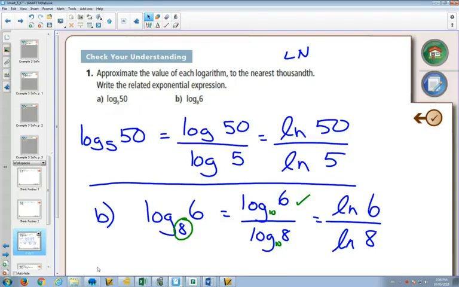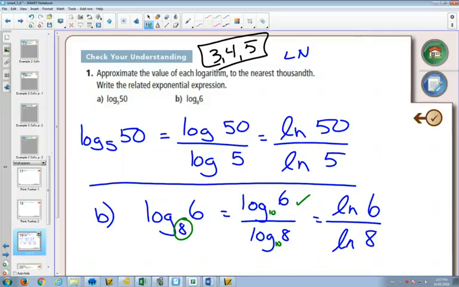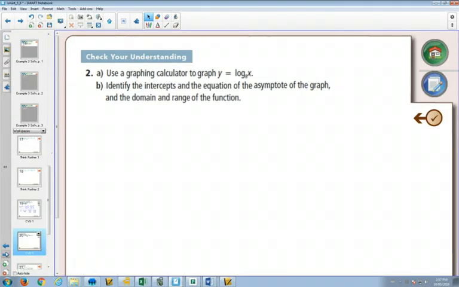All right, questions 3, 4, and 5. Yes. All right, we are going to change the words of this one temporarily. We're going to take out the words "use a graphing" and insert "without a."